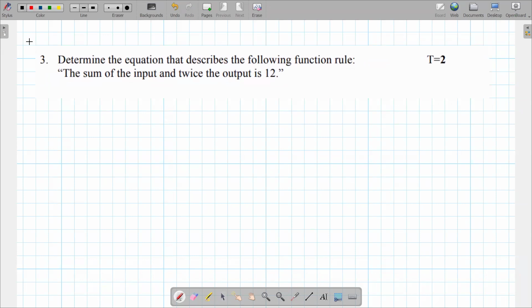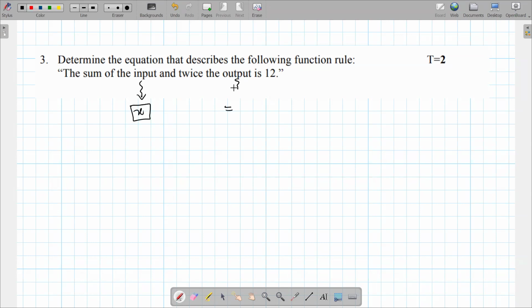Determine the equation that describes the following function rule. The sum of the input and twice the output is 12. Okay, let's say input is x.